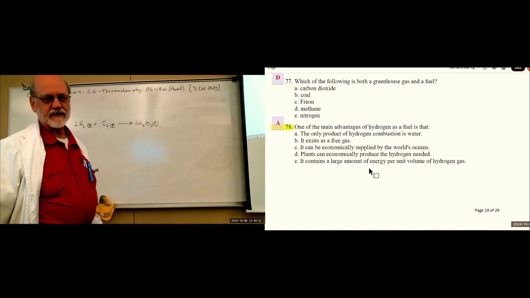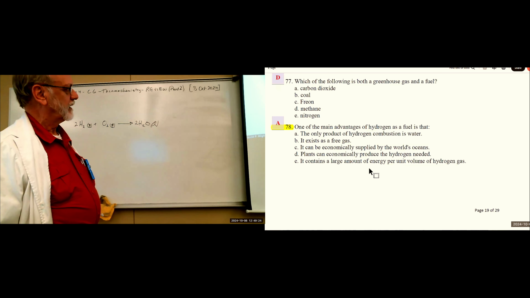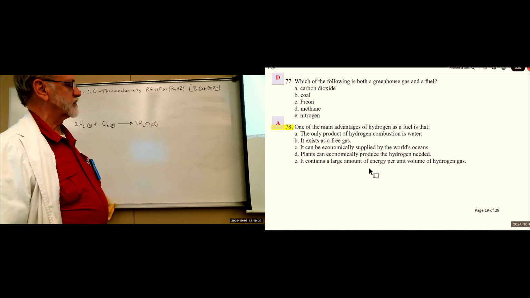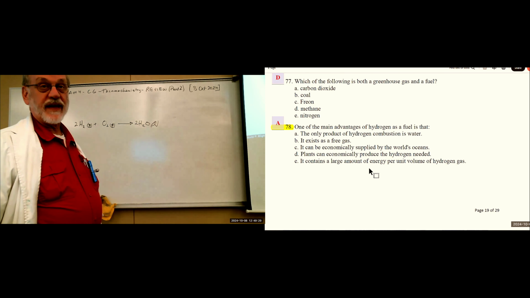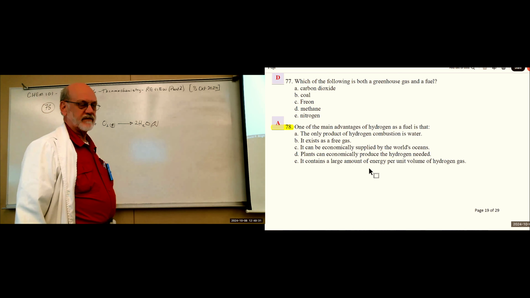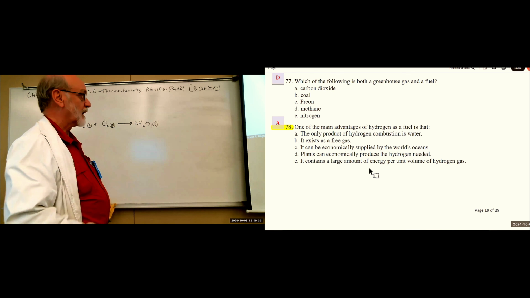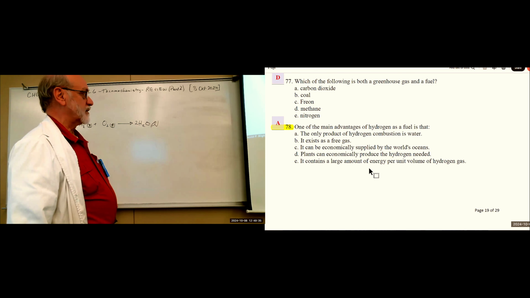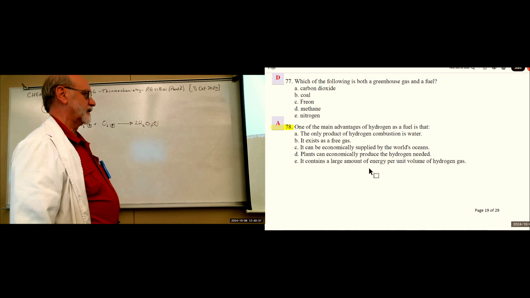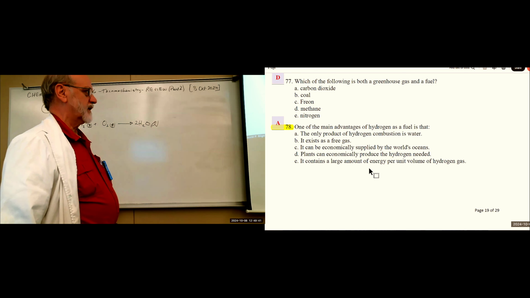It exists as a free gas, makes no difference. Economically supplied by the world's oceans. Well, that's an advantage, but it's not the main advantage. Plants can economically produce hydrogen, not really. It contains a large amount of energy per unit volume of hydrogen gas.